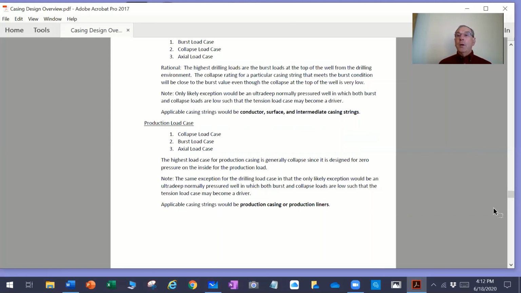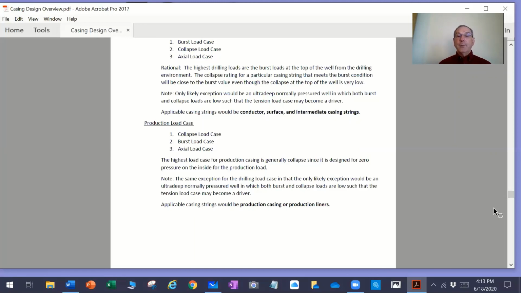So do your collapse design first, select a casing that is sufficient for collapse load, then check burst, then check axial load. Like I say, the highest load case for production casing is generally collapse, since it's designed for 0 at the bottom of the well.